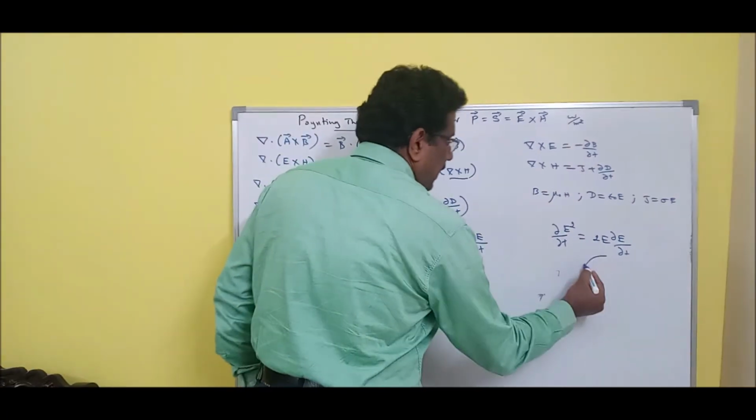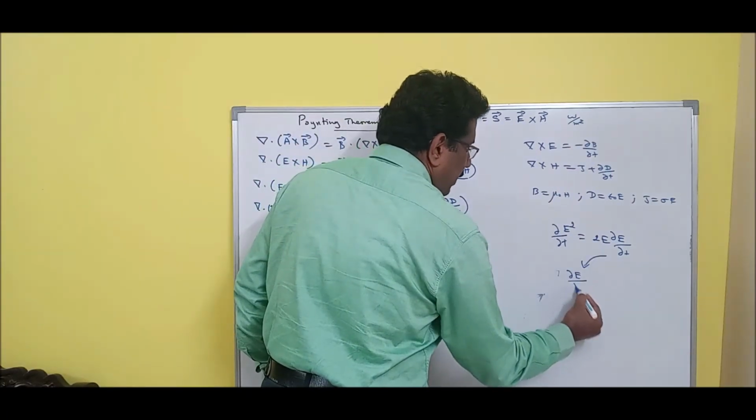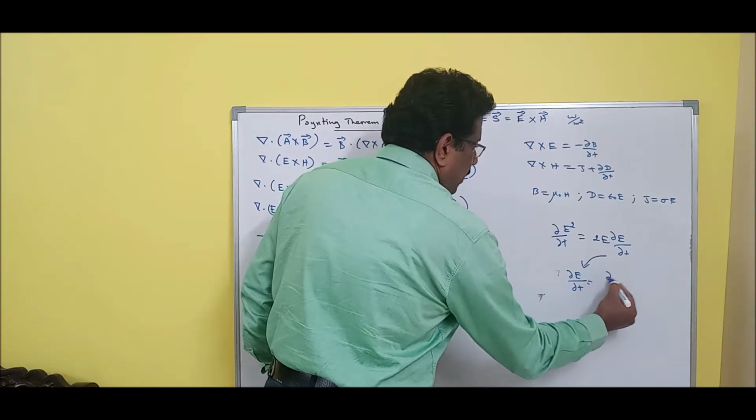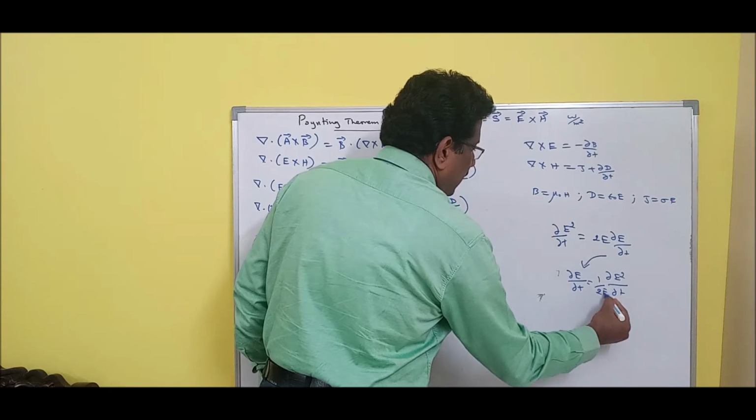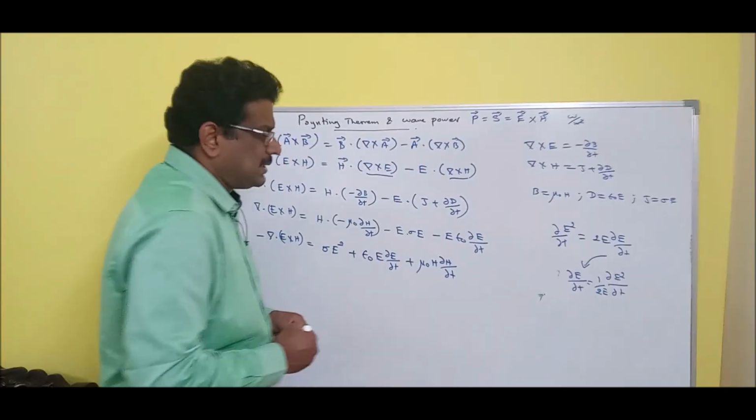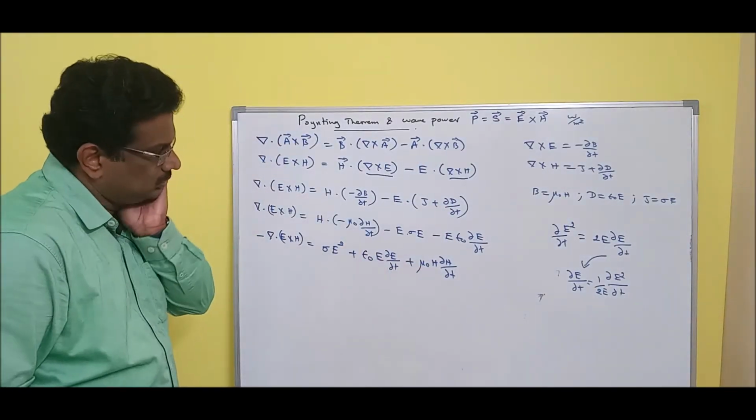Dou by dou T of E square is equal to 2E dou E by dou T. Then from here let us try to modify. What is E dou E by dou T? It is nothing but dou E square by dou T into 1 by 2. Am I right? Same is applicable for H also.